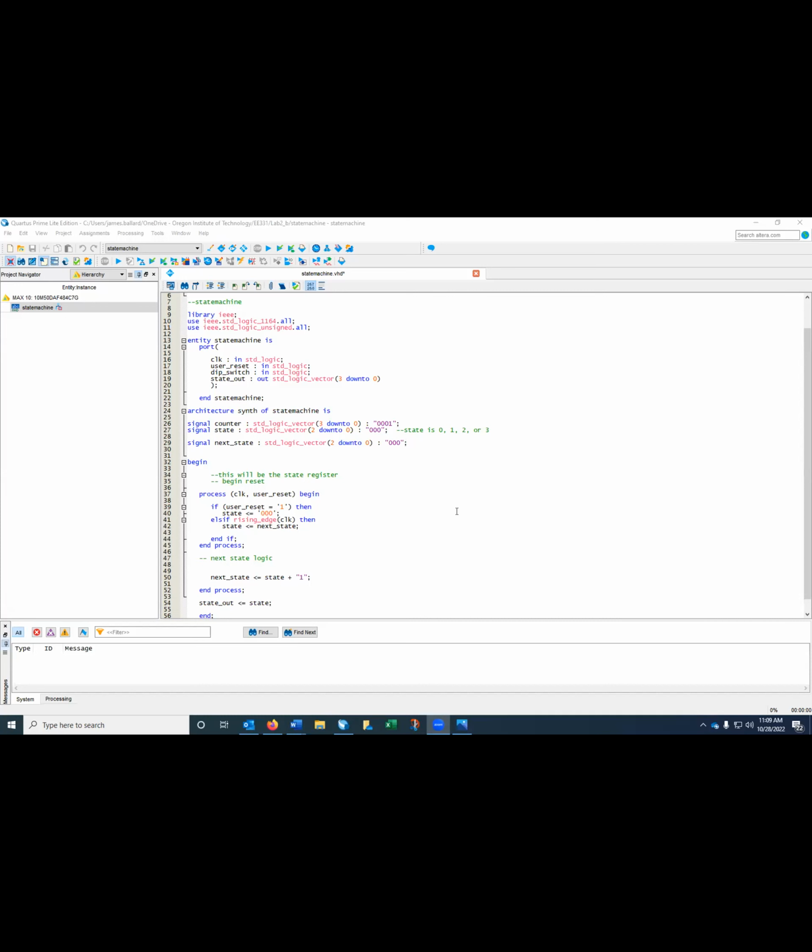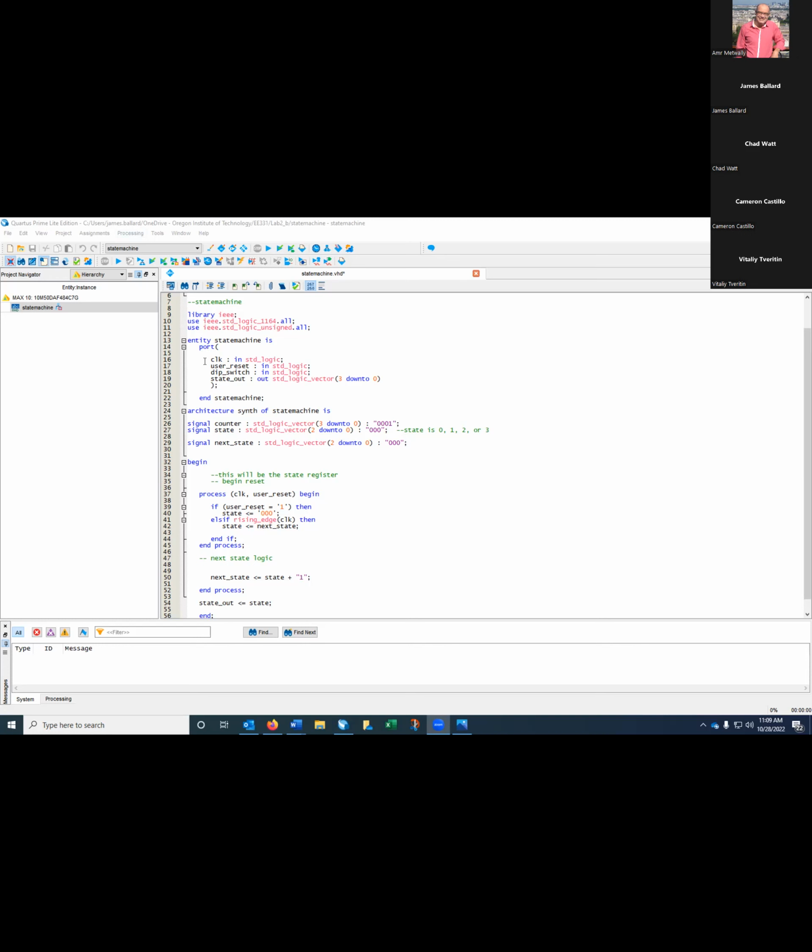Can you hear me? Yes. So I did my library and stuff, and I have a clock, a user reset, a dip switch, and a state out. But for my signals, which are the internal ones, I have counter, state, and next state. Does that seem right to you? Is that all I need?